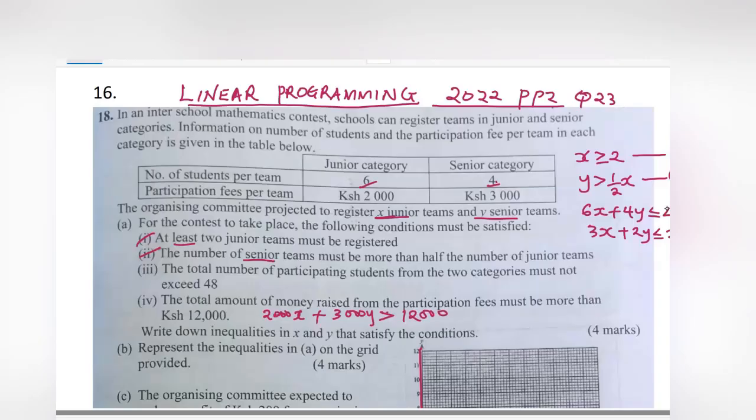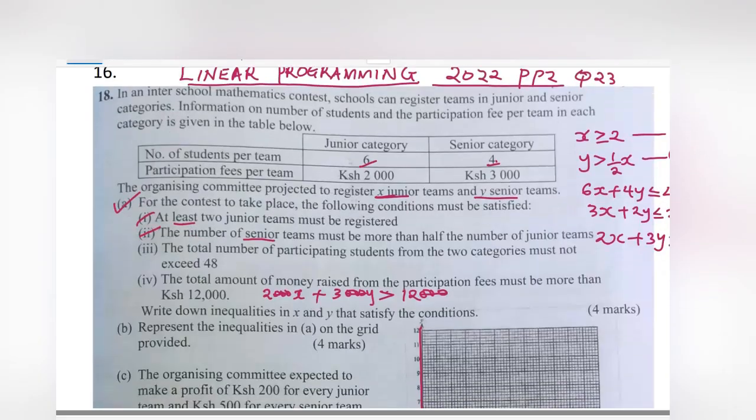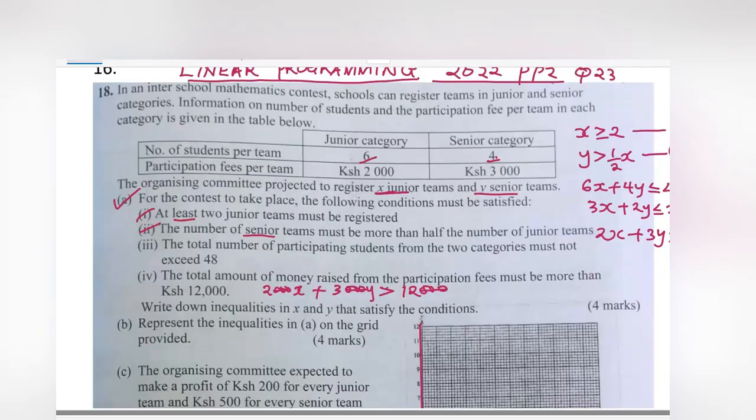If we divide by 1,000 all through, we end up with 2X plus 3Y being greater than 12 as the fourth inequality. By so doing, we have worked out part A of this question very well.